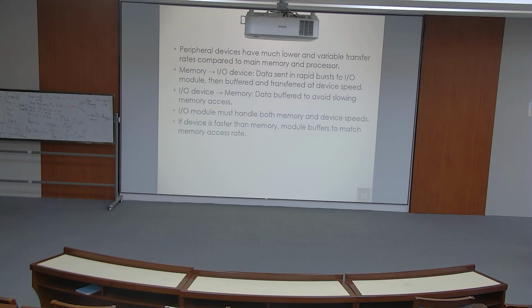Because if you compare the input-output device's speed and the processor's speed, we have seen that the processor is the fastest component in the computer system. So we needed this buffer to allow data to be sent in rapid bursts to the input-output module. Then it has to be stored there before it is sent to the input-output device at the device speed.